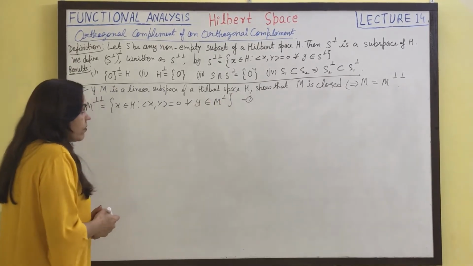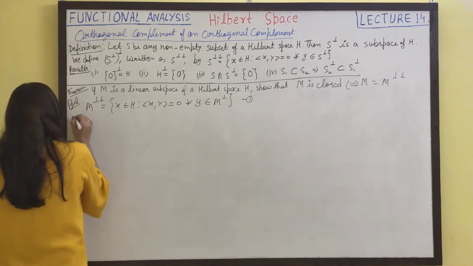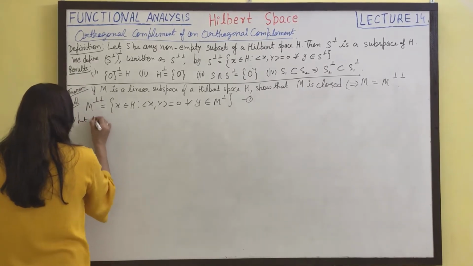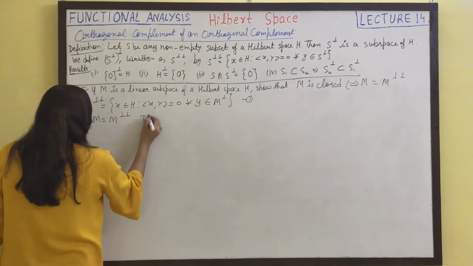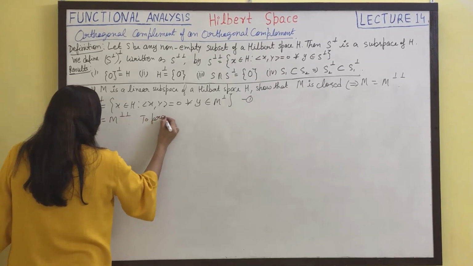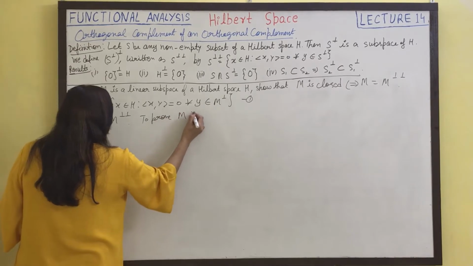Now, in the first part we assume M is equal to M perp perp, and to prove M is closed.